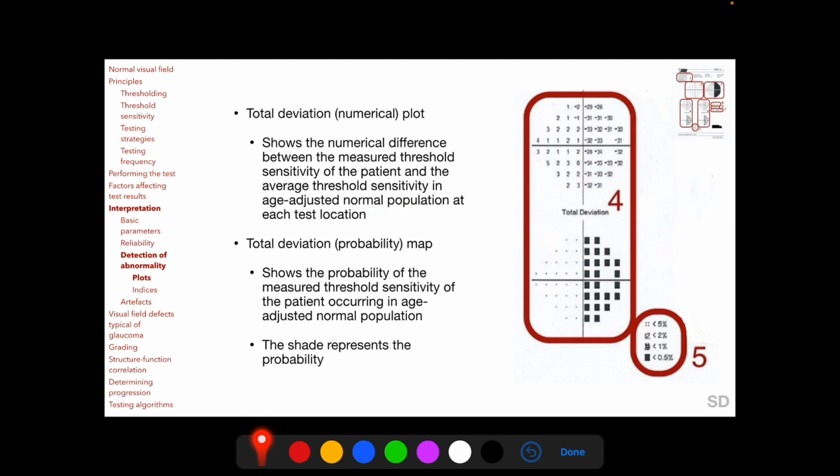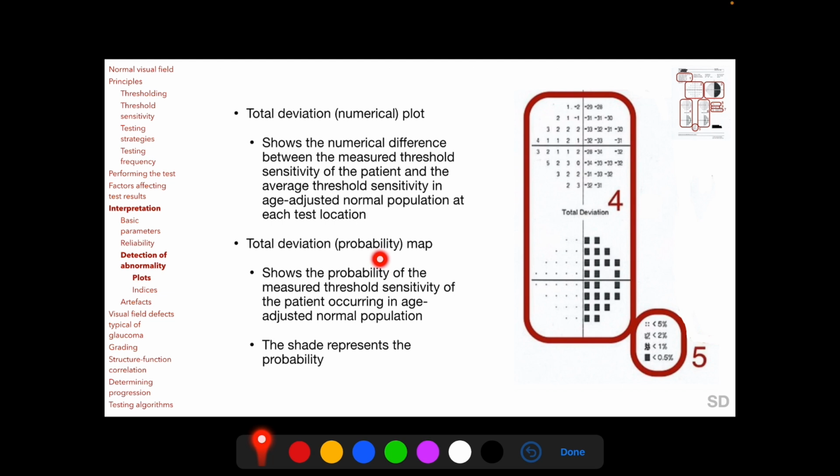So if at this test location the total deviation is shown to be minus 33 decibels, it means that the measured threshold sensitivity of the subject at this test location is 33 decibels lower than the threshold sensitivity at this test location of age-adjusted normal population.